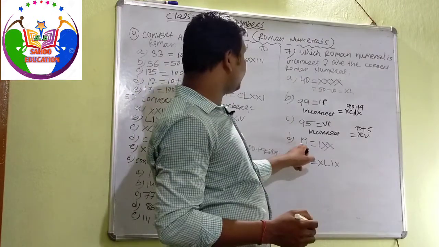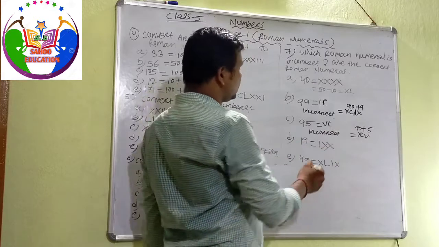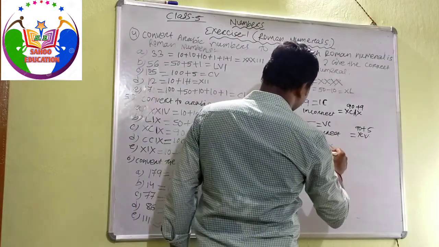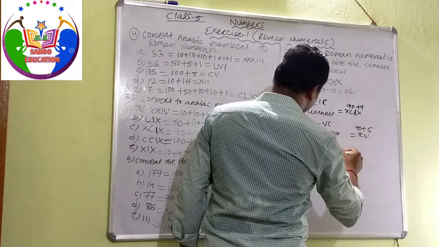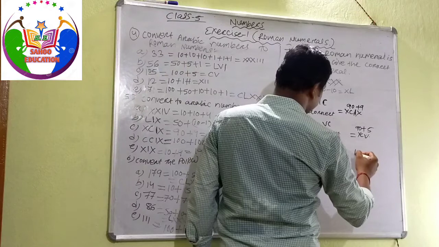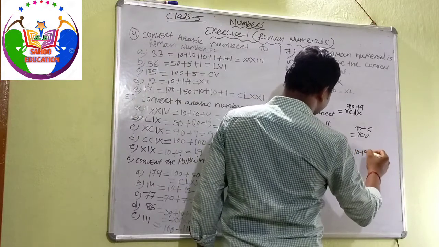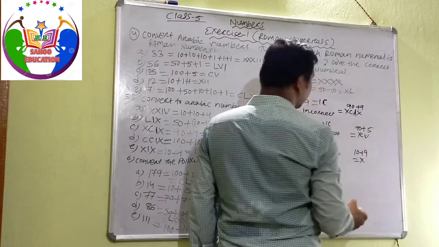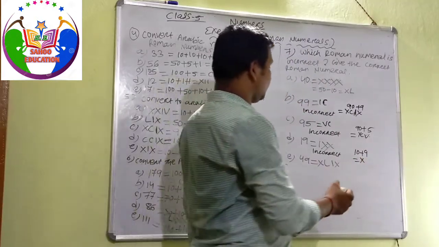Here option D is given 19, which is written IXX. This is also an incorrect answer. So we'll write 19 as 10 plus 9. You know 10 is X and 9 is IX.